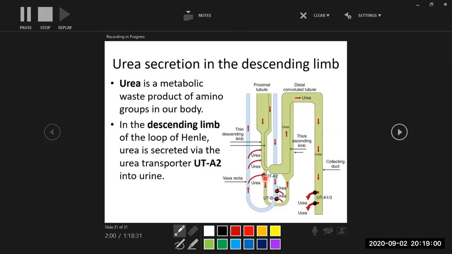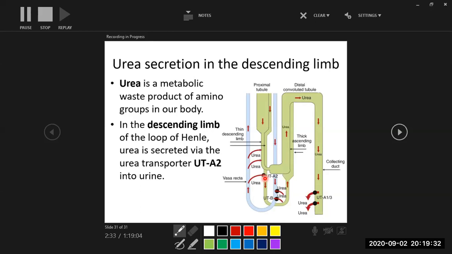So the thing you need to memorize is that the descending limb is water permeable, and it secretes urea through the channel called UTA2, the urea transporter A2. In the ascending limb, it reabsorbs sodium through the sodium 2-chloride potassium co-transporter.